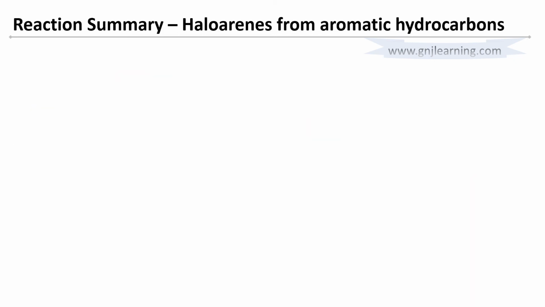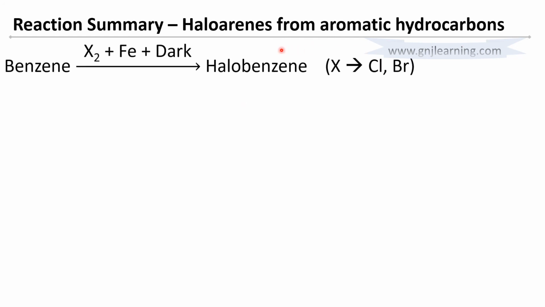Now we are making a summary of all the reactions that we saw in the preparation of haloarenes from aromatic hydrocarbons. First one was the direct substitution on benzene, electrophilic substitution, as we discussed. X2 plus iron in the dark, or any Lewis acid, you will get halobenzene.